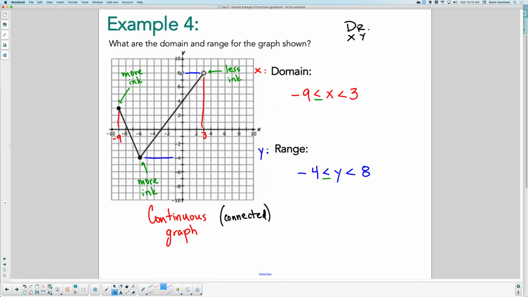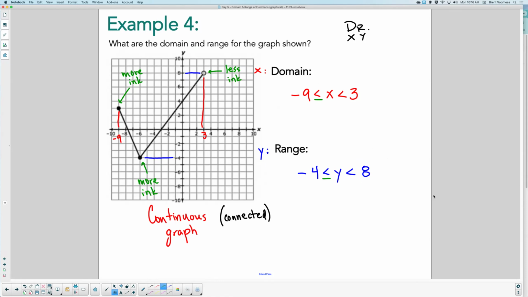Jose, what are you seeing? This top point of 8, does it have more ink or less ink? Less. So what does it mean for my symbol? Does it get the line or no line? No line. Because it's less ink, it does not get that line underneath. And so that would be my answer right there.